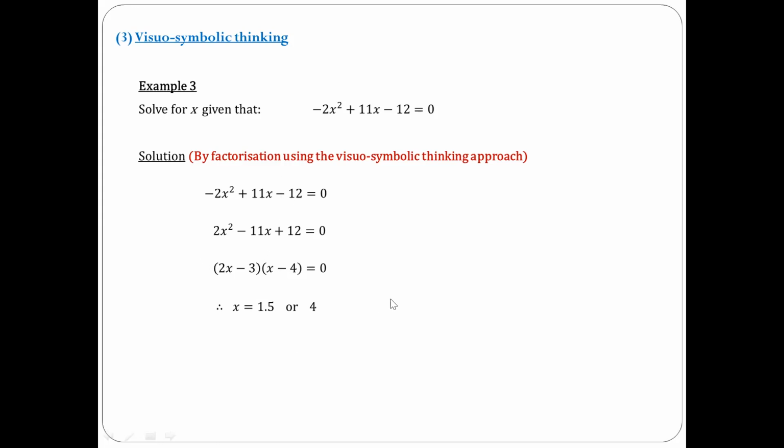And if you look at this solution, the number of steps that an individual goes through, we said the first one is not a step because it is the problem. So we have 1, 2, 3 steps. So in 3 steps, we managed to get our solution using the symbolic visualization. Whereas if you look at the analytic thinking approach, we had 5 steps, which was longer.